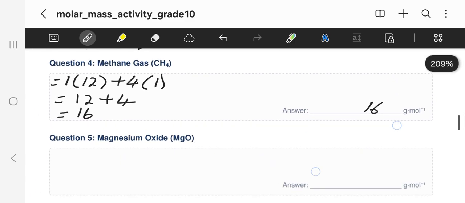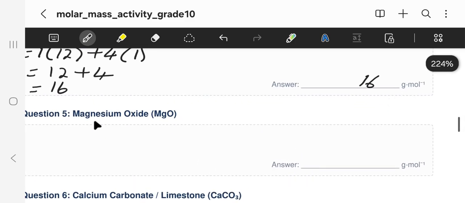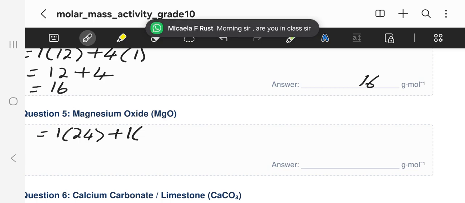Okay. Another example, magnesium oxide, MgO. How many magnesiums? I have one. What is the relative atomic mass of magnesium? It's 24, plus how many oxygens? I have one oxygen.